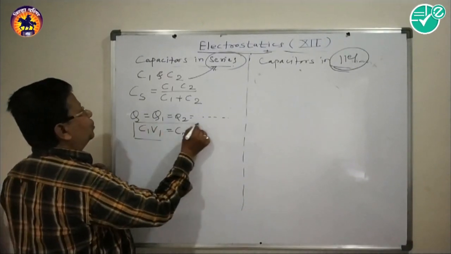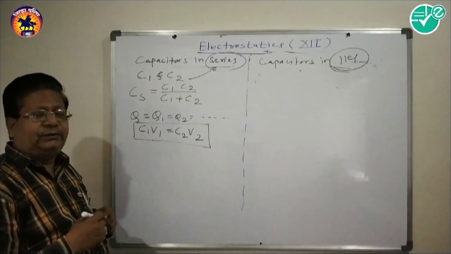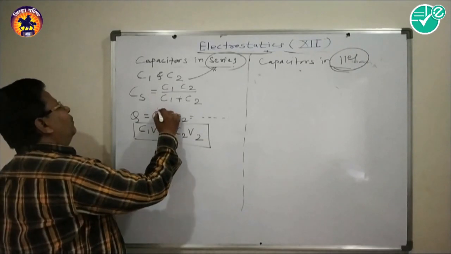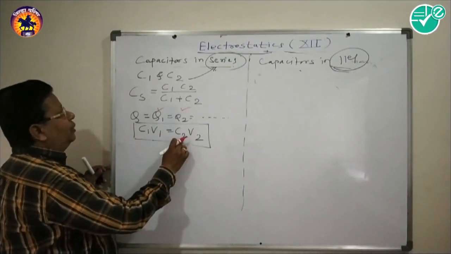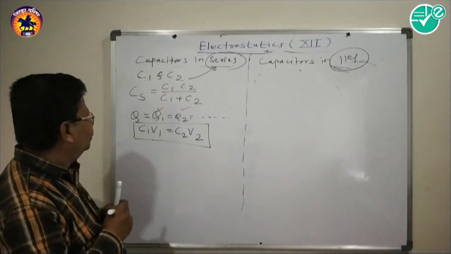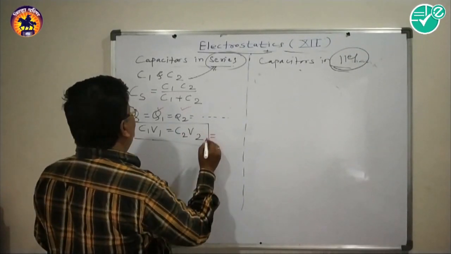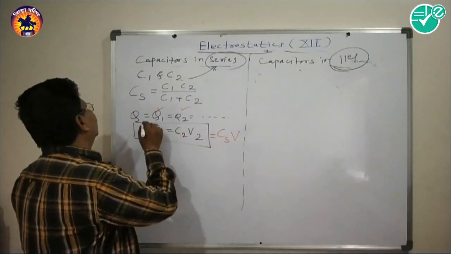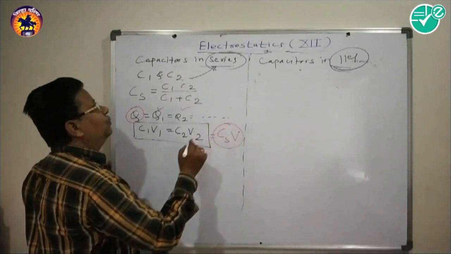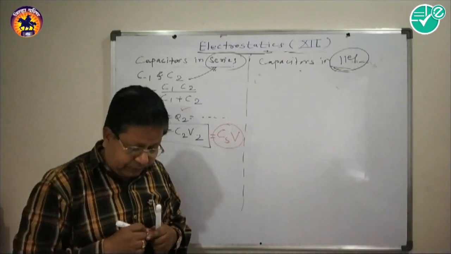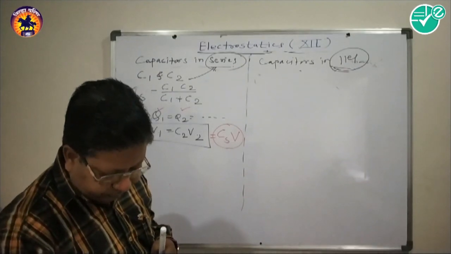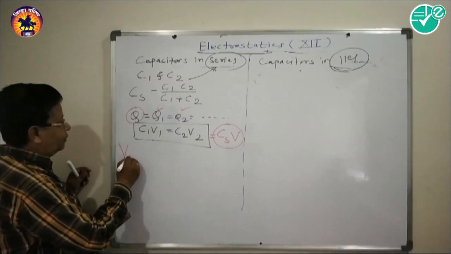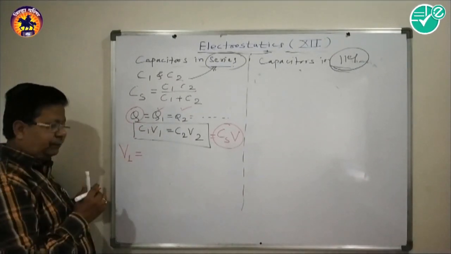For the case of two capacitors connected in series combination, the charge is the same, so C1 into V1 is equal to C2 into V2, which is equal to Q, and Q is nothing but Cs into V. So the value of Q is Cs into V. And from this expression, we can obtain the expression for electric potential across capacitor C1.